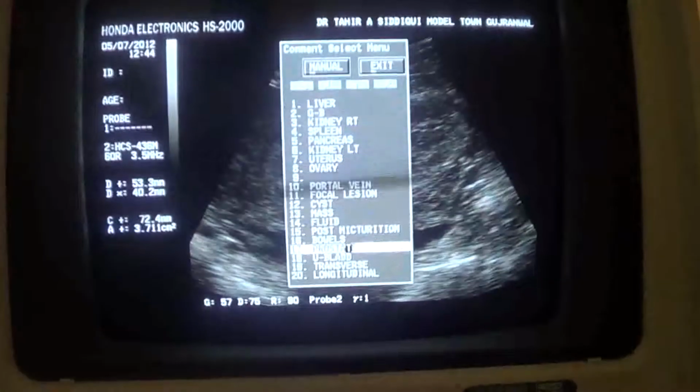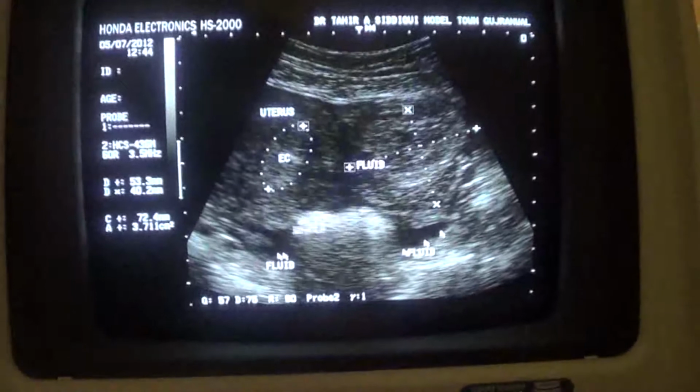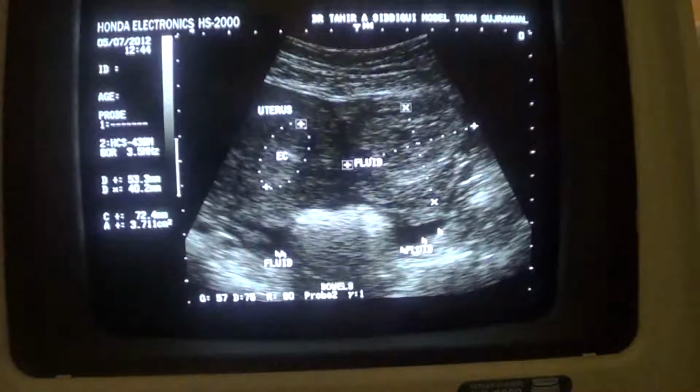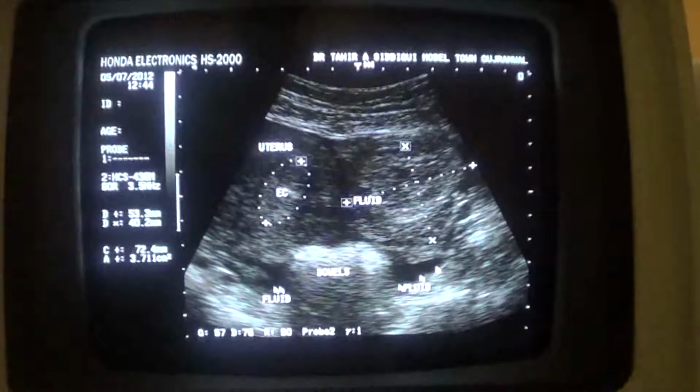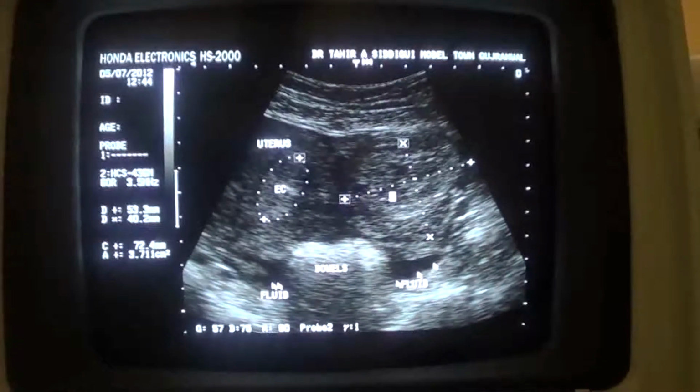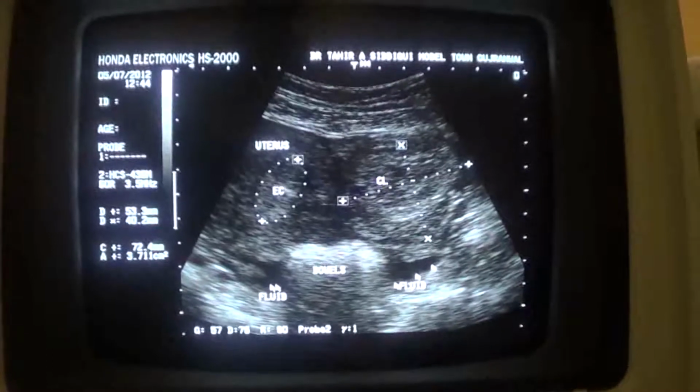And this is the bowel. These are the bowels giving dirty shadow posterior, floating within this fluid. And this is the formation of clot.